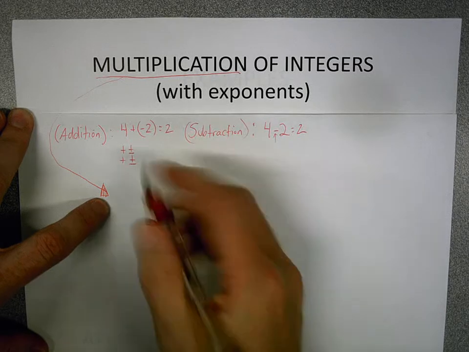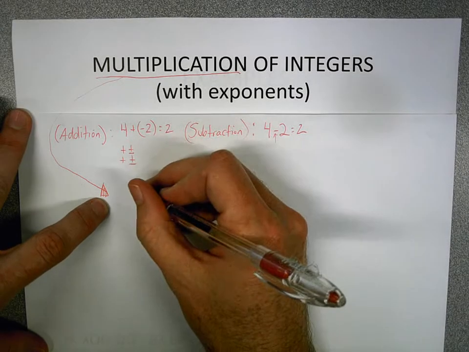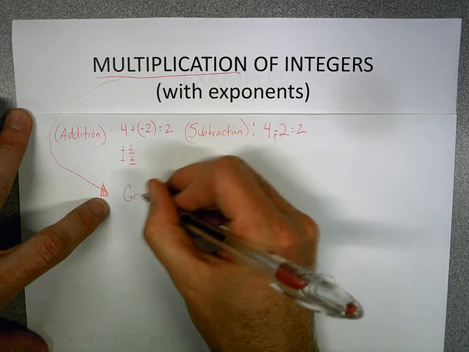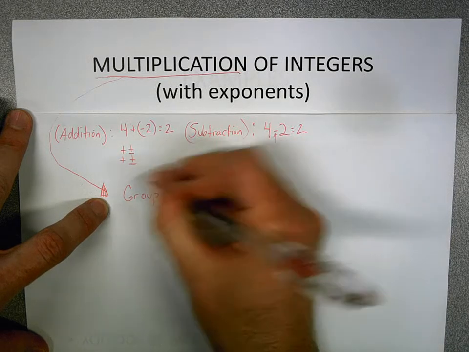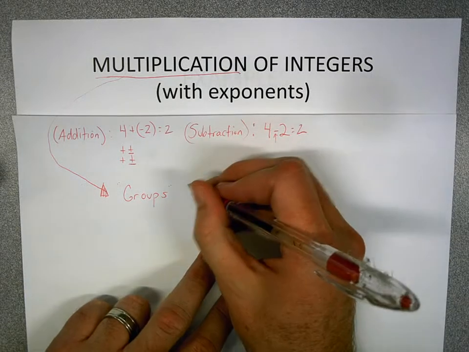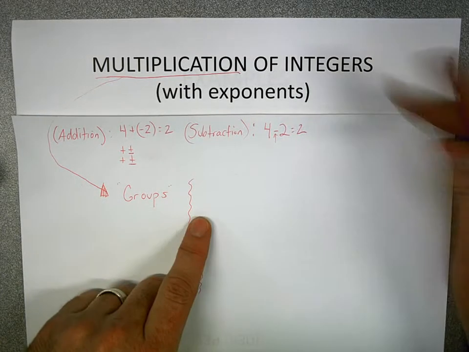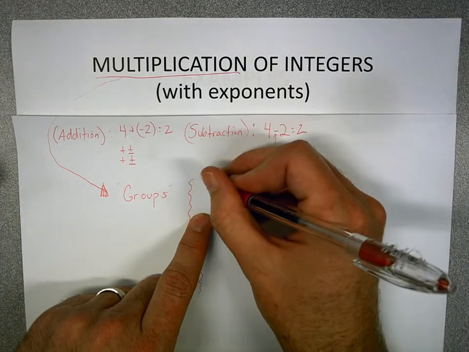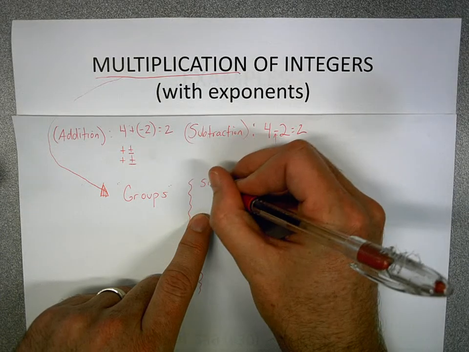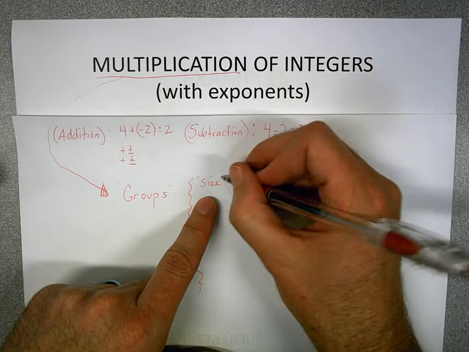Okay, first of all, one component is that it's basically going to give you a number of what I'll call groups. A number of groups, and the second thing is they're going to give you basically the size of the group. The size, we'll call it the size.